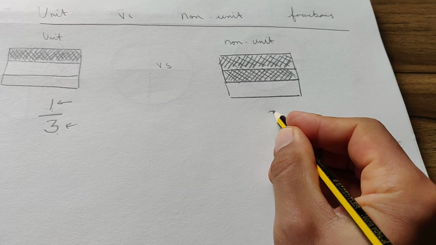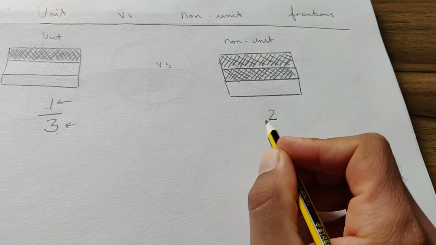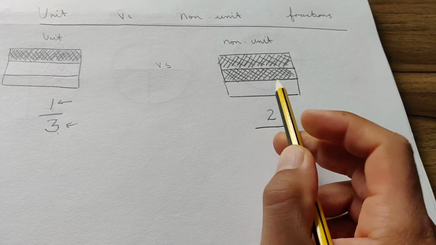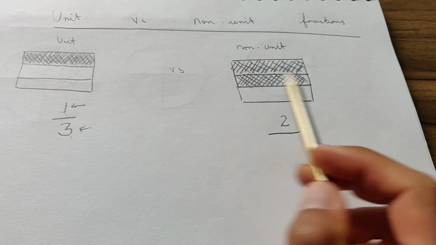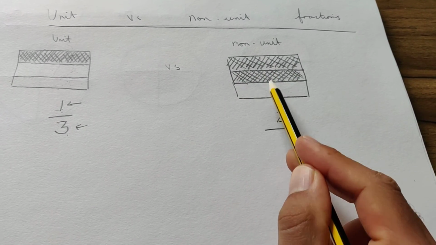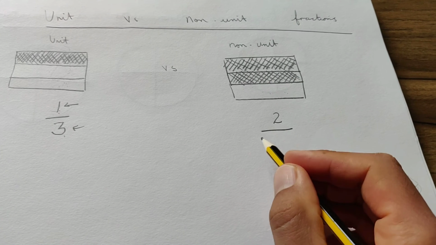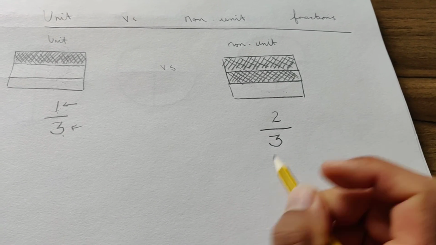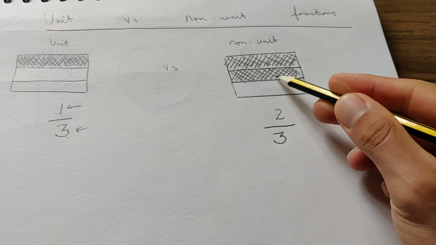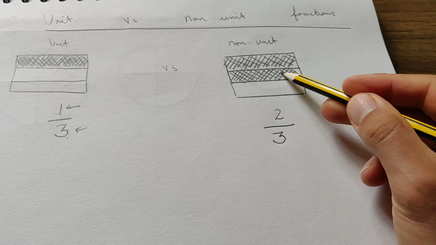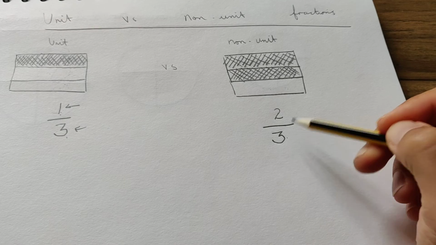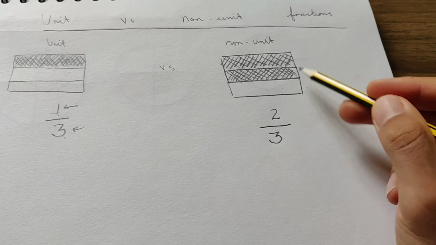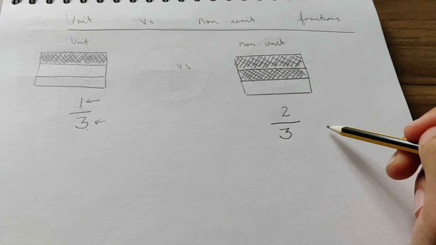So I'm going to have my 2 as my numerator. And just like I've done here, I split my whole into 3 equal parts. So those parts are my denominator. Okay, so I have my numerator, my shaded parts, and I have my denominator, the parts that I've split my whole into.